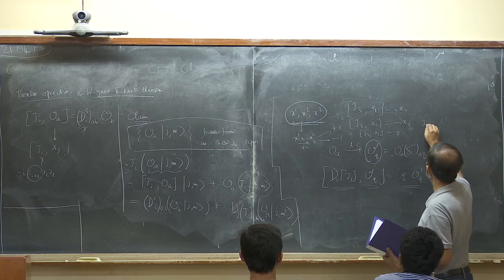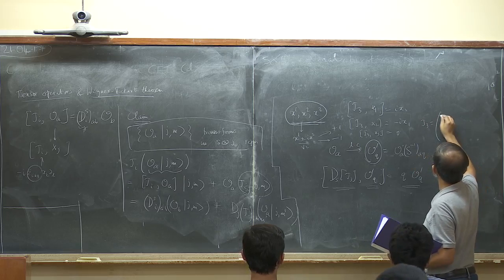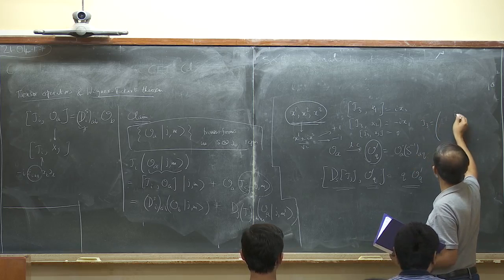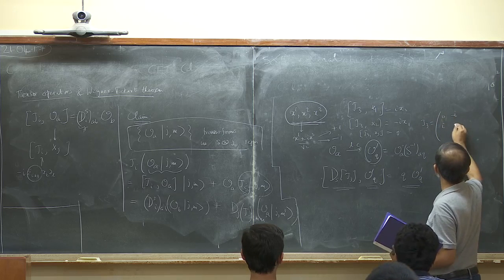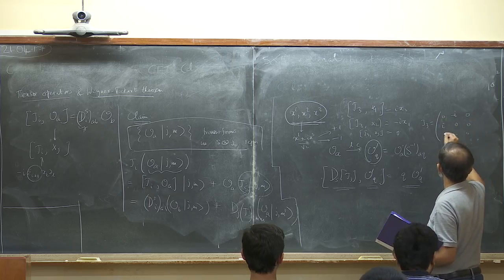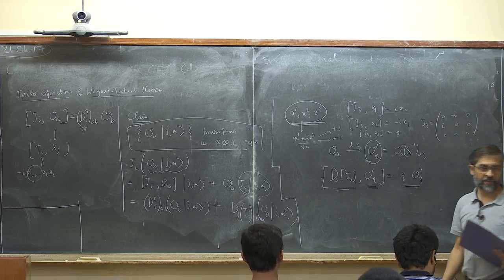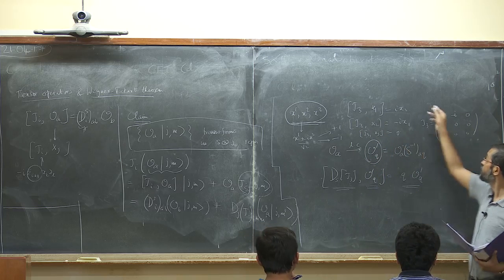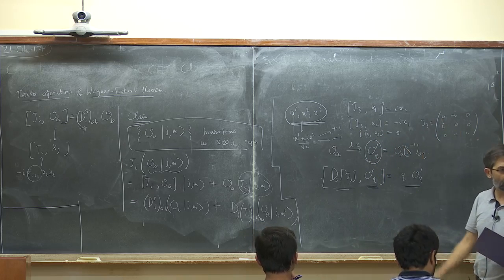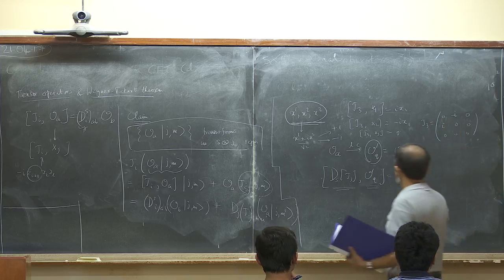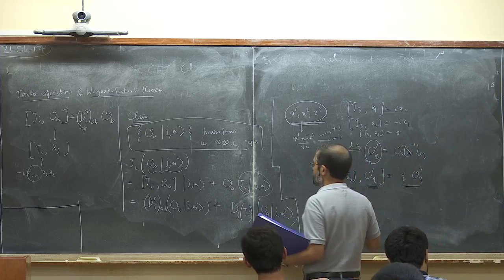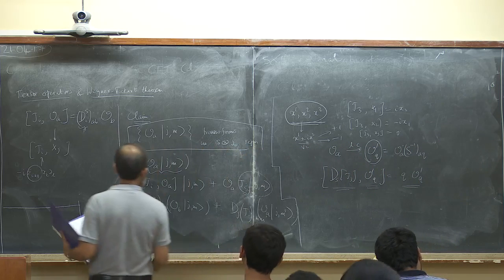So J3 would look like the matrix with i, minus i, 0, 0, 0, 0, 0, 0. But I can take some linear combination of these x's in such a way that this becomes a diagonal thing. This we have already done.